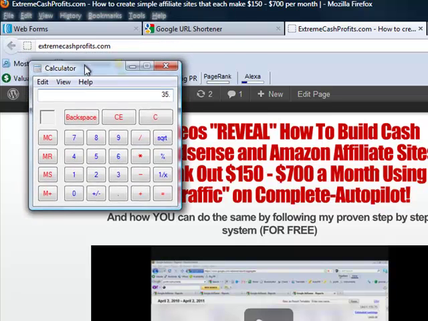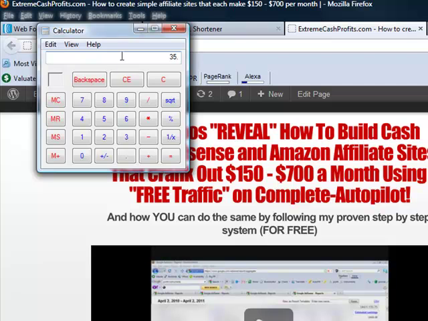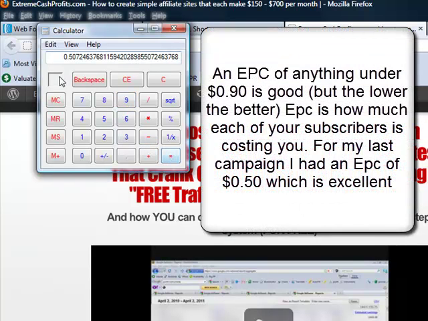Now if you remember, I had 69 opt-ins, didn't I? So you divide 35 by 69, and this will give you your EPC, which in this case is 50 cents, which is very good. This is how you work out all your stats and determine if your ad was profitable or not.